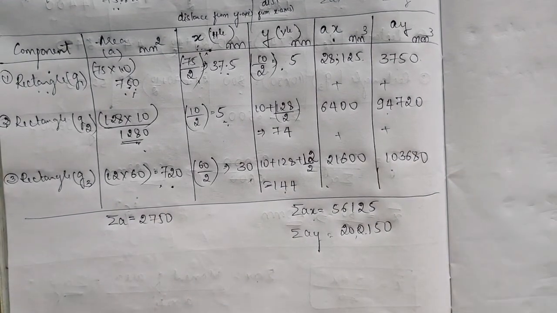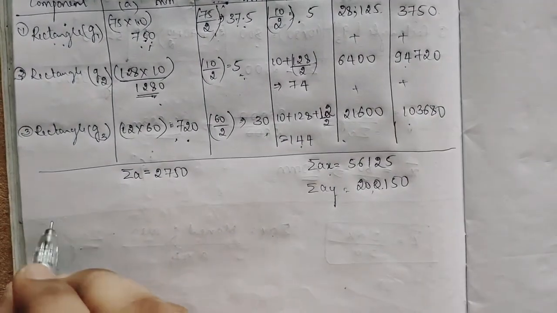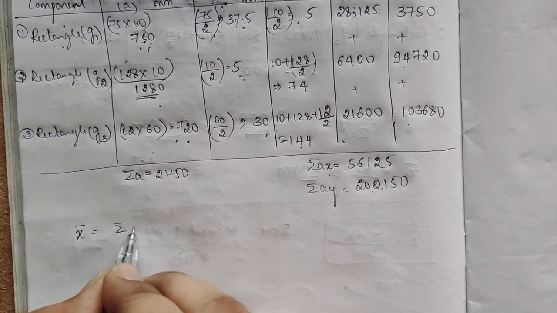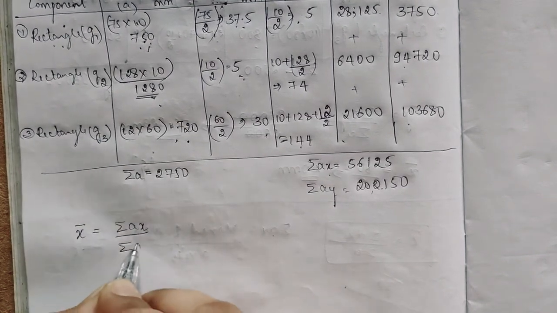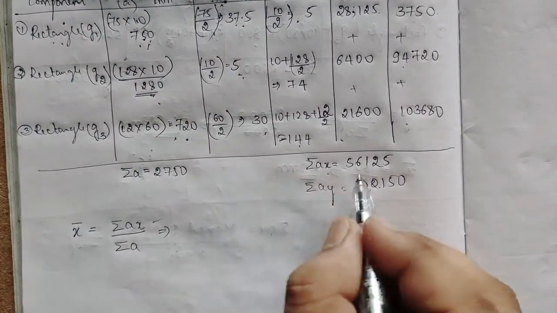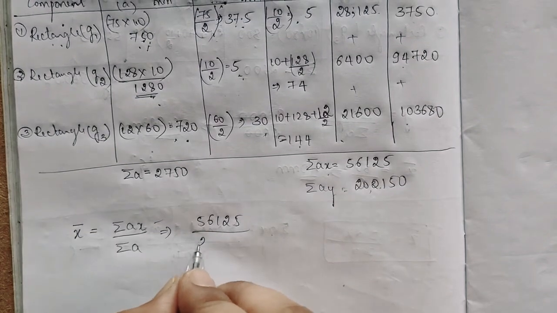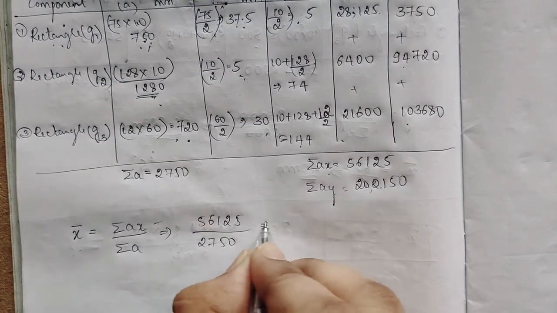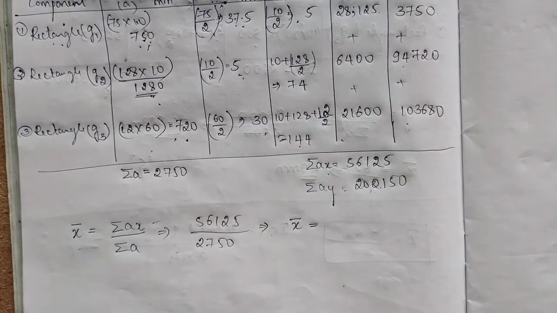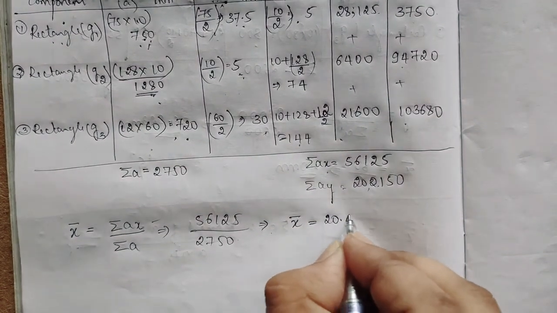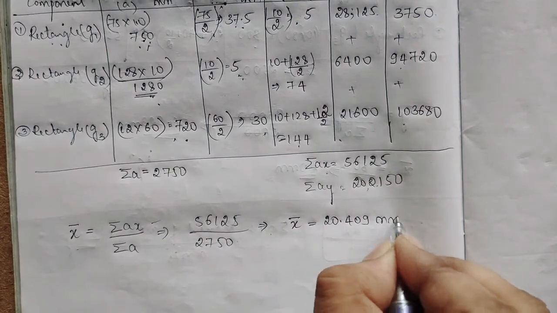Okay, let it be the numericals. So what I have to find is x bar. X bar is the summation of AX divided by the summation of A. The summation of AX is 56,125 divided by 2750. So the value of x bar is equal to 20.409 mm.